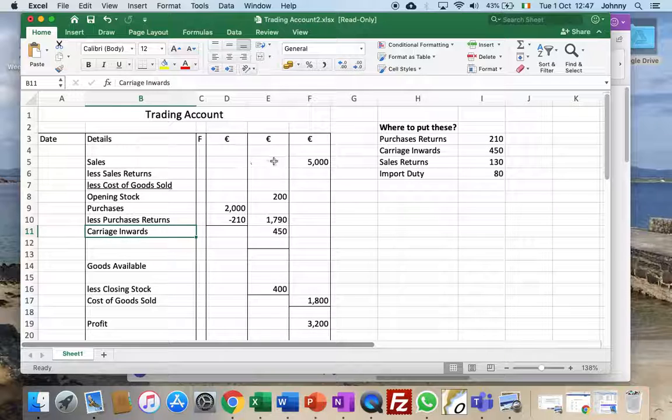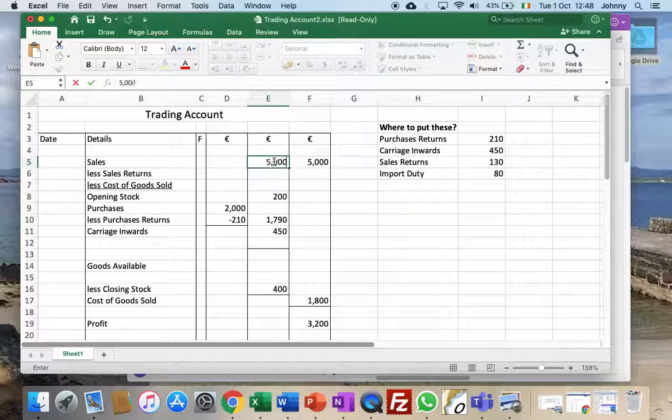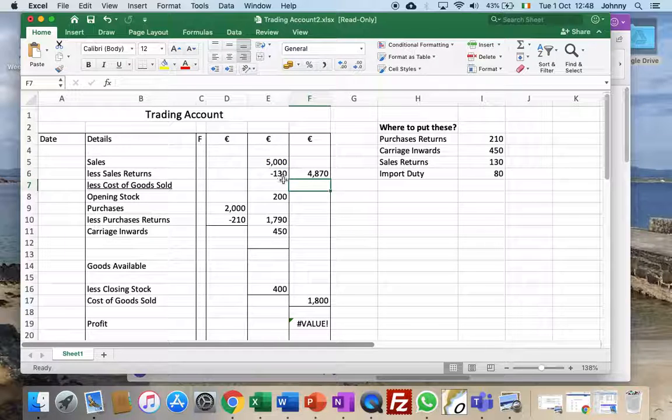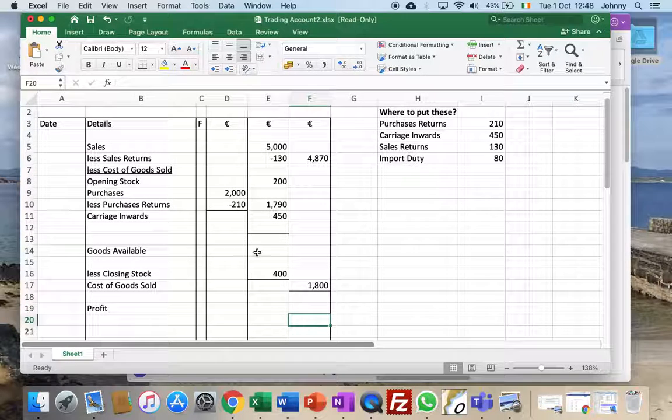So our sales return means the real sales figure is going to be different. The sales that we originally had was 5,000, so we'll cancel that. The sales returns is 130, so we're going to be taking that away. So the real sales figure is 5,000 minus the 130, so 4,870.